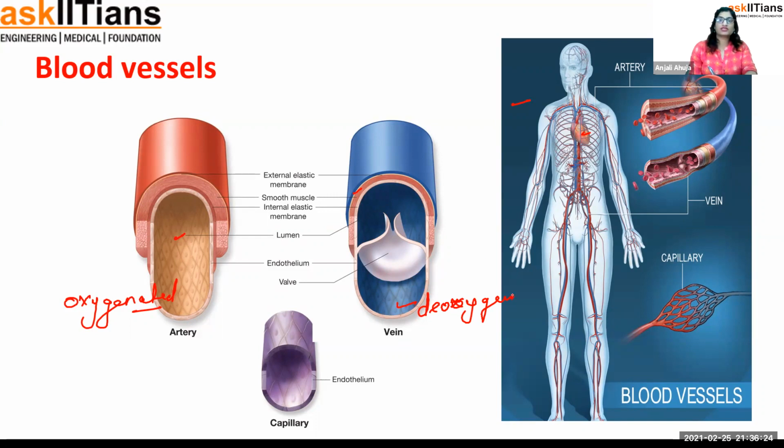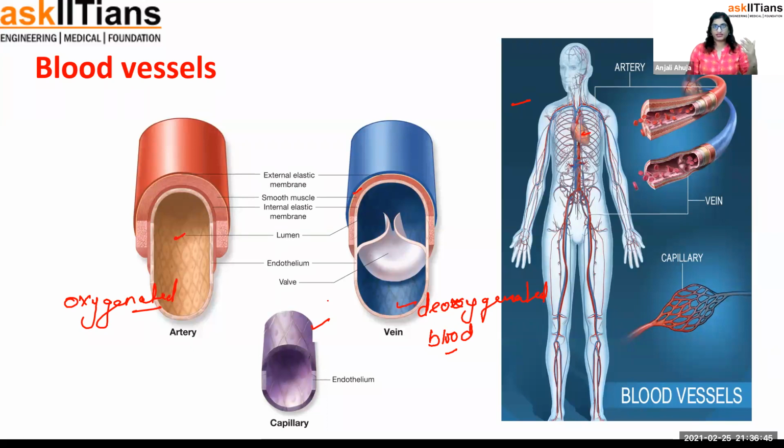So this is deoxygenated blood with less oxygen and more carbon dioxide. Anyways. Now the third type is the capillary. Capillary is all about being different. It is a connecting thing between arteries and veins. I'm going to talk about arteries and veins in detail, and I'm doing it right now.